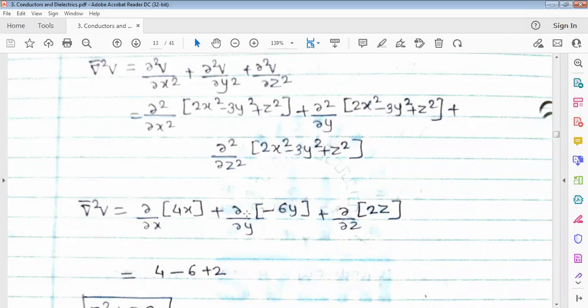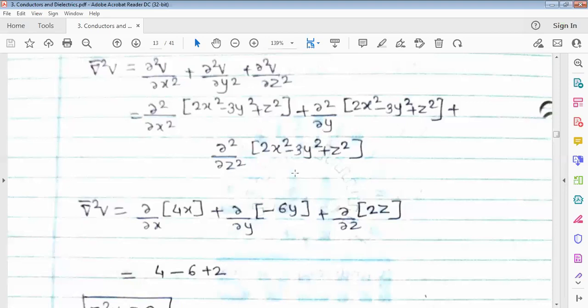So it is given ∂/∂y of minus 6y, and for this term again 0, then plus ∂/∂z of, these two terms become 0 and it is only 2z.